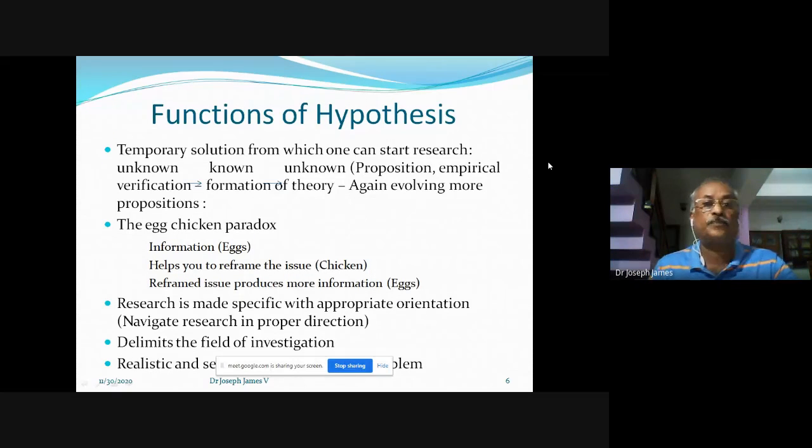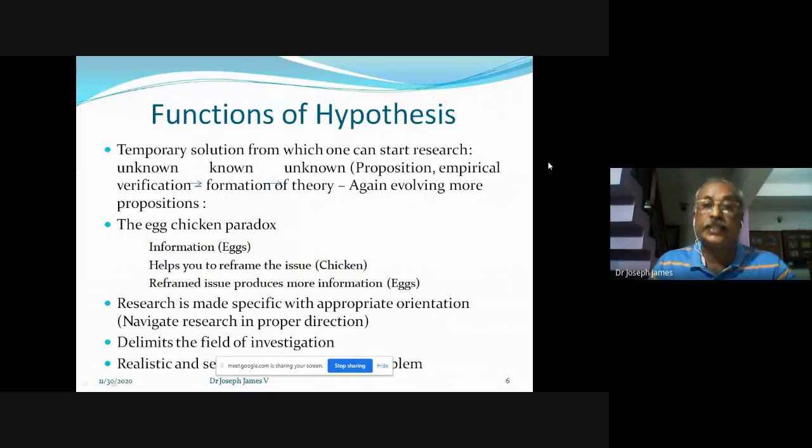The hypothesis forms a theory, and the theory again forms certain other hypotheses, and these hypotheses are to be tested and verified again. That is actually the chain of formation of a theory. Just like the egg-chicken paradox, information is considered to be the egg, and the information will produce some chicken, and the chicken may be considered as the theory produced out of information.